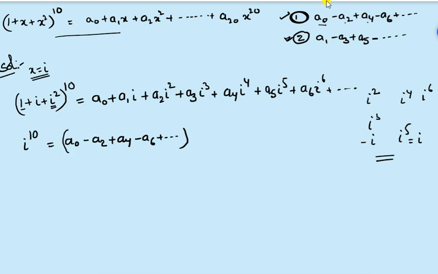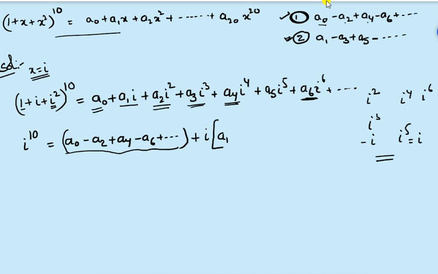I hope everyone followed. a0 not involving i, minus a2 not involving i, plus a4, because i power 4 is equal to 1, i power 6 is equal to minus 1. That's why all the real terms are written here. Plus next you see i into, because here i is taken common, you will get a1.